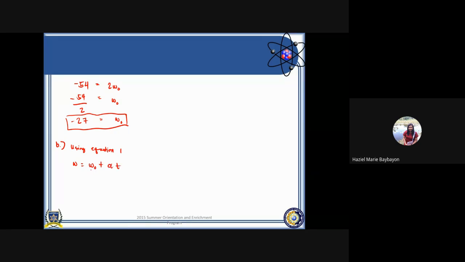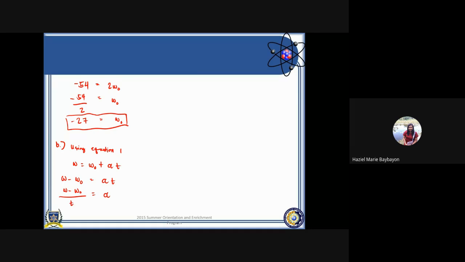Since we already got omega naught, we can use this equation to find alpha. Manipulating the equation: omega minus omega naught equals alpha times time. So alpha is equal to omega minus omega naught all over t.